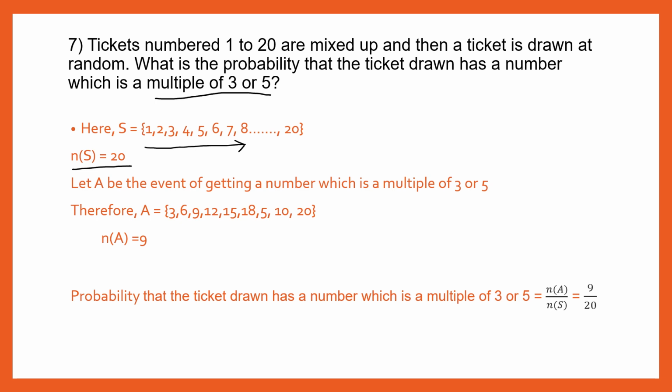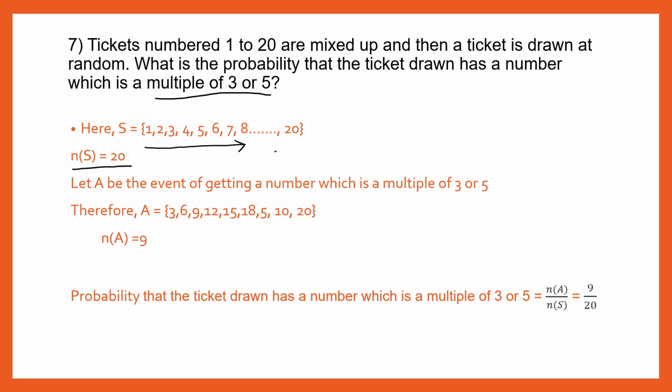How many numbers would be multiples of 3? Those numbers which are easily divisible by 3. If we go through the table of 3, we have 3, 6, 9, 12, 15, 18. Then next we have 21.